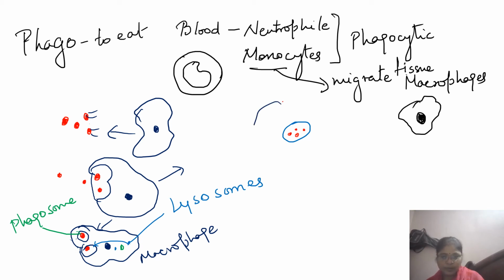Now the lysosomes will fuse with it. When the lysosome membrane fuses, you can see these are the lysosomes. You know that the lysosome has enzymes, lysozyme, and the membrane will fuse and pour its lysozyme inside that phagosome.